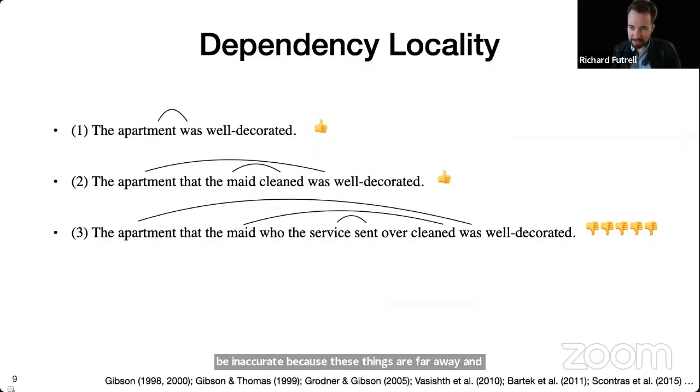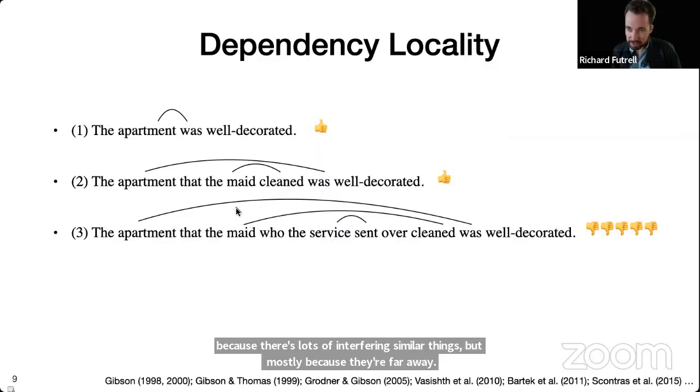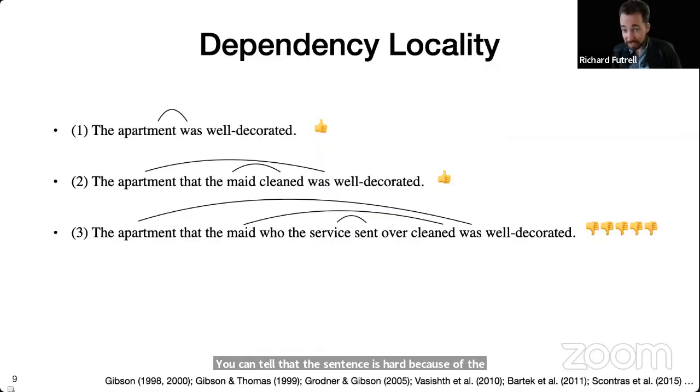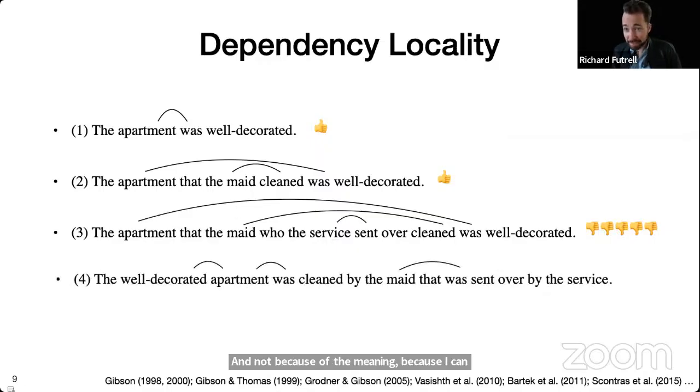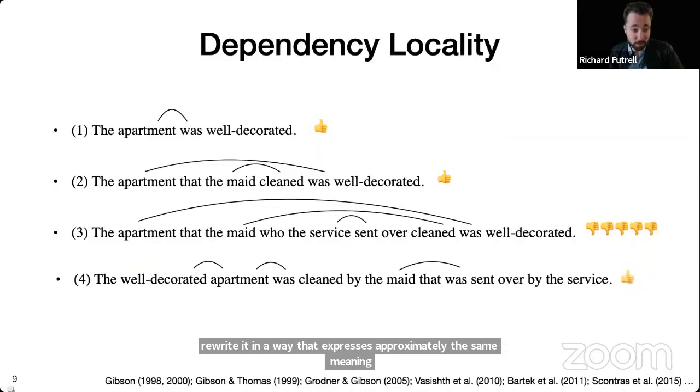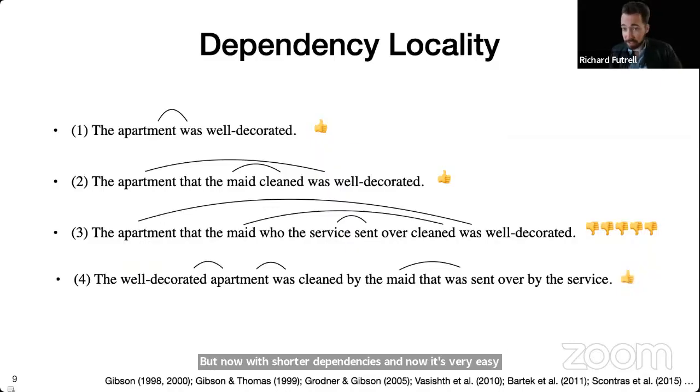You can tell that the sentence is hard because of the dependency structure and not because of the meaning, because I can just rewrite it in a way that expresses approximately the same meaning, but now with shorter dependencies, and now it's very easy to understand. The well-decorated apartment was cleaned by the maid that was sent over by the service.